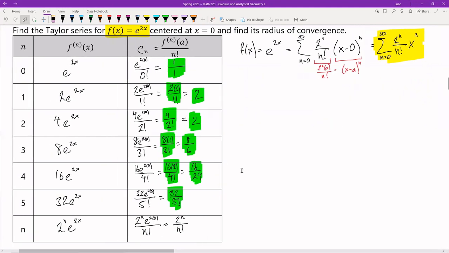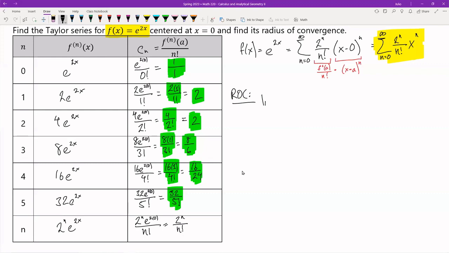Almost there. There we go. So now let's find our radius of convergence. We're going to do it the same way that we did in the previous section, by ratio test.